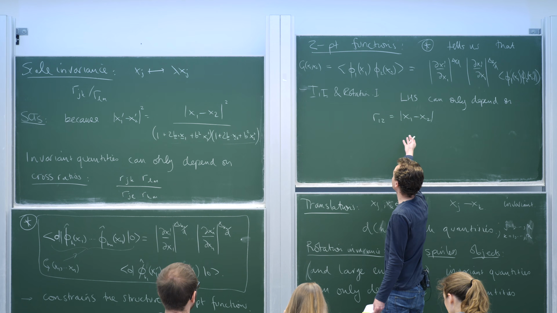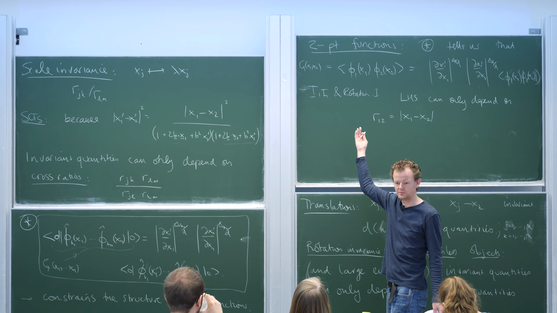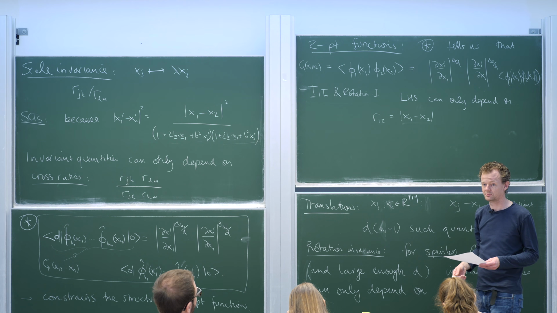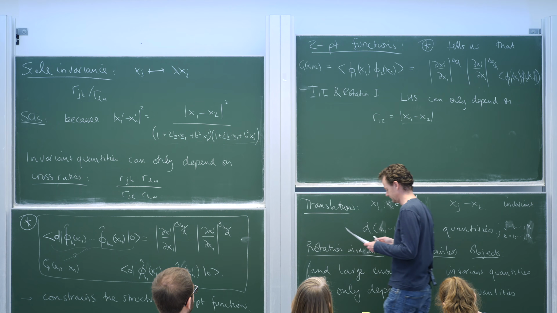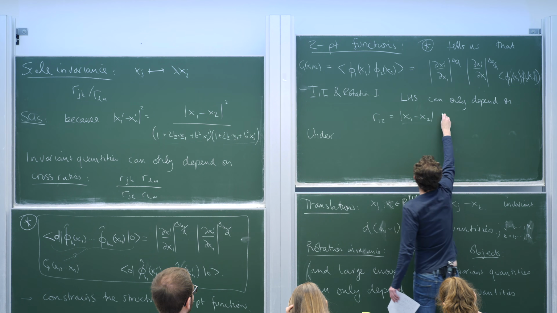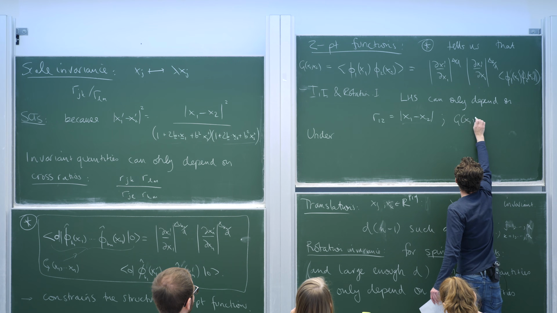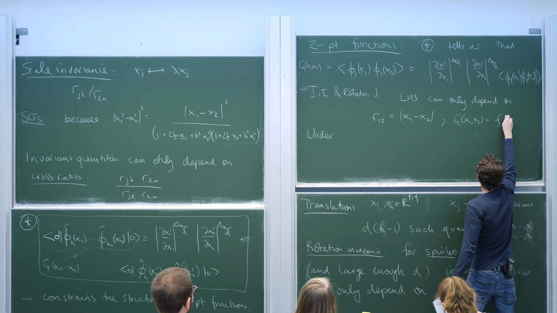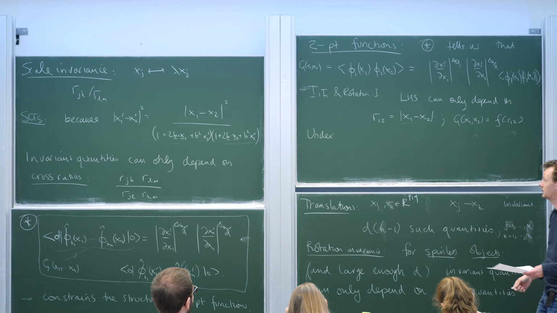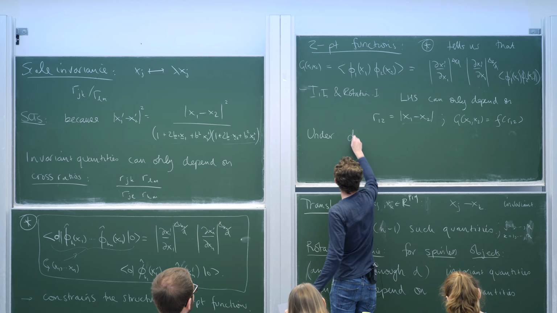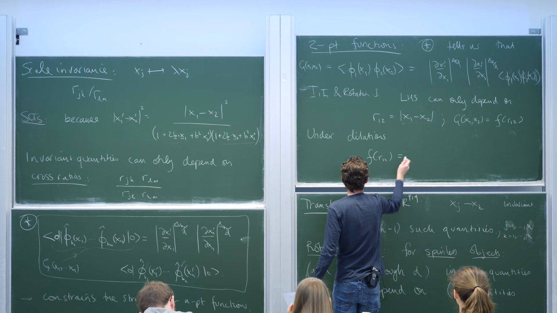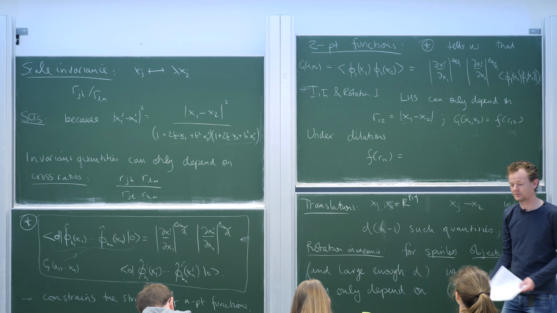All right, so this g of x1, x2 isn't an arbitrary function of x1 and x2. It can only be a function of this number here, the separation between x1 and x2. Some function of r1,2. There's one single number. Now under dilations, we know that the left-hand side is the left-hand side, but the right-hand side is something different.